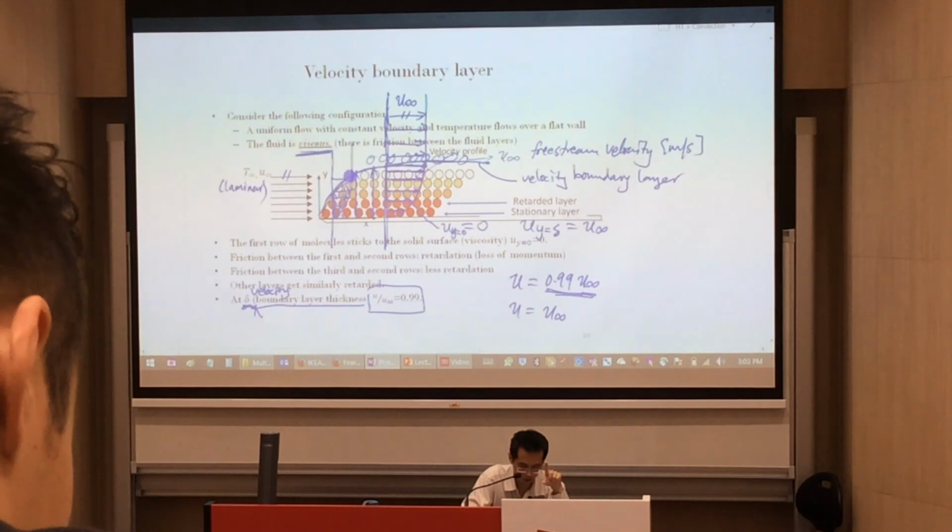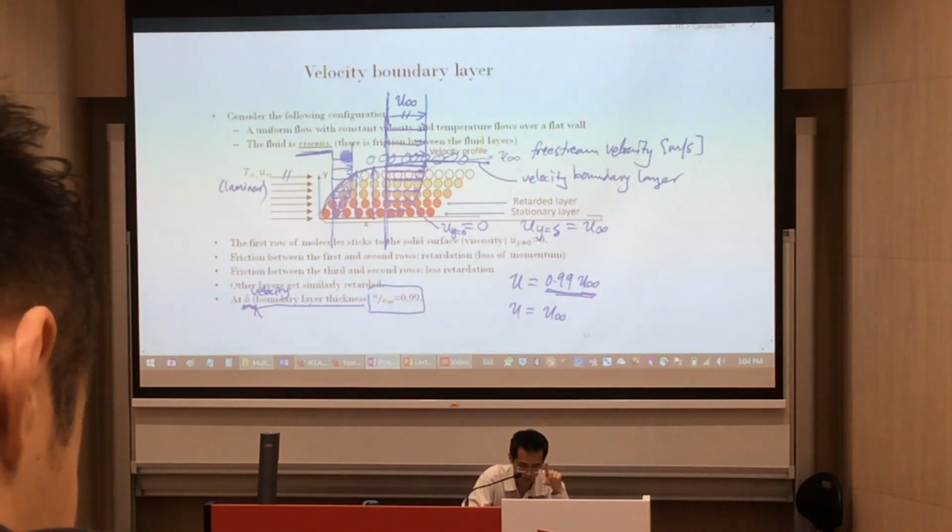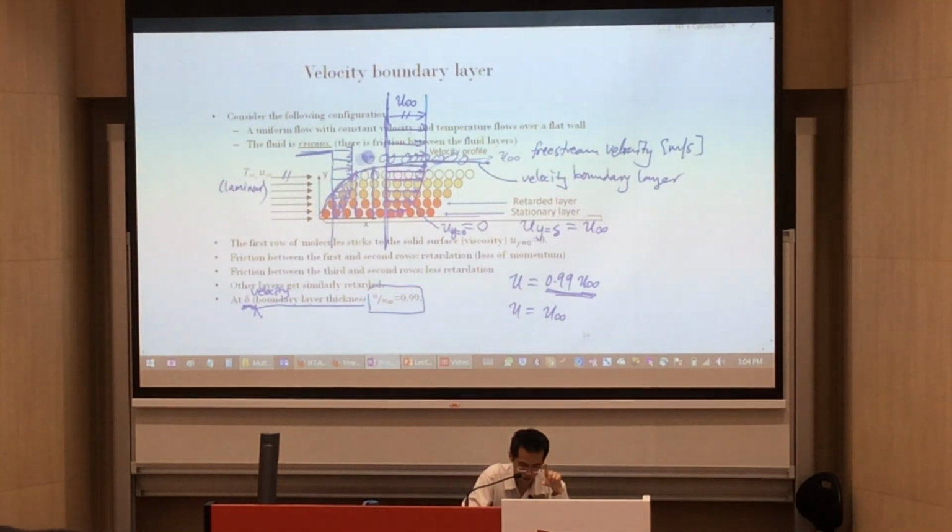It's going to go up here, and then this will be u infinity. I'm not trying to scale them. It should be the same length, same magnitude over here. So over here, it's still going to be 99% of u infinity. Okay? So if I were to readjust this formula, u over u infinity, that would give me 99%. That's what this is showing. Okay?